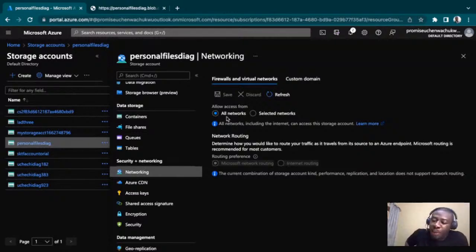So this is like providing layers of security on your storage account. Like I said, this storage account is open to all networks. That doesn't mean that anybody can come from any network and access it. No, they still need to provide some form of authentication.